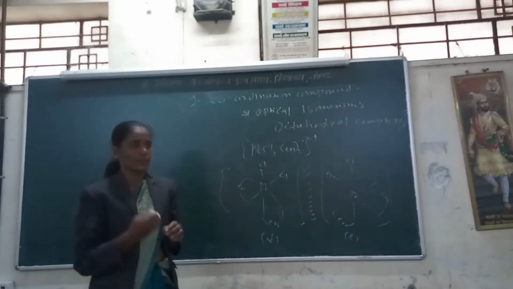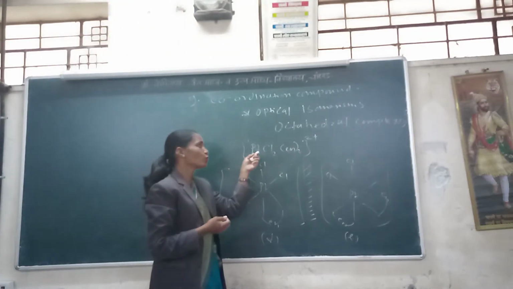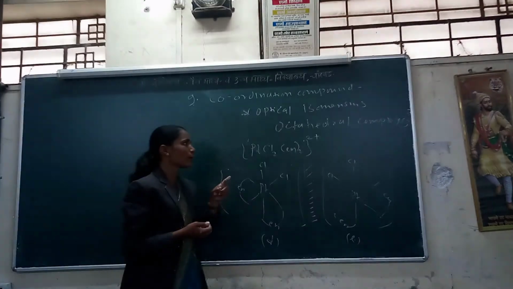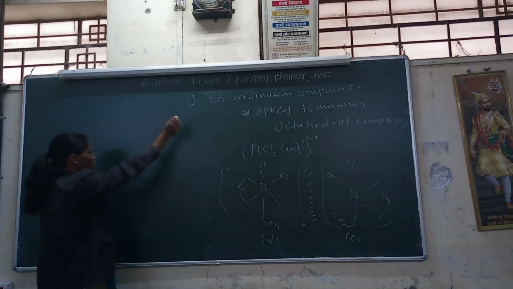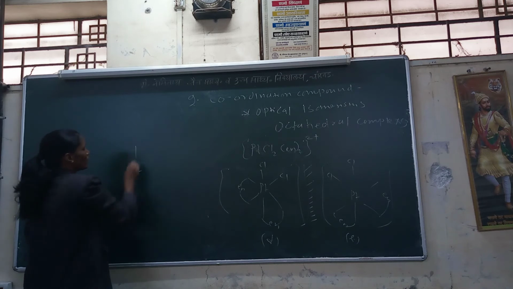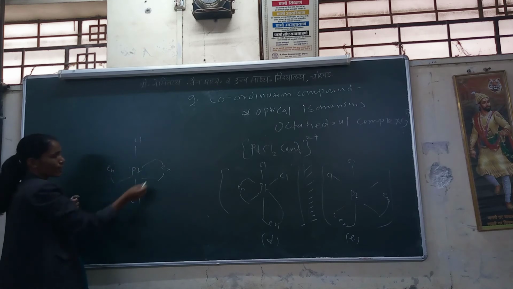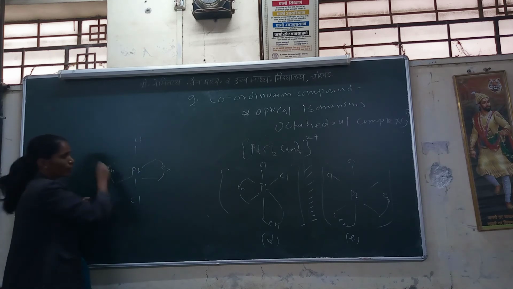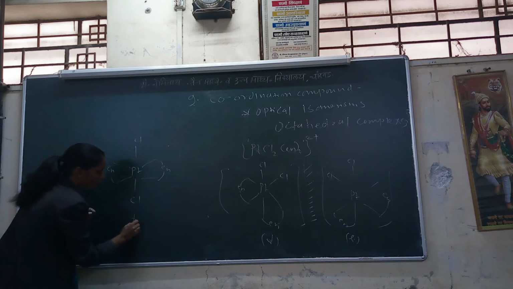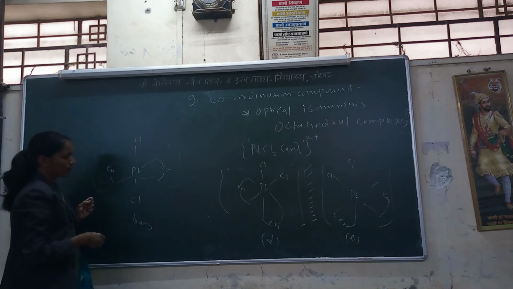Also cis and trans. This compound also shows geometrical isomers, meaning cis and trans. For example, platinum, here Cl, en and en, Cl, en at opposite positions. Therefore this compound is trans.